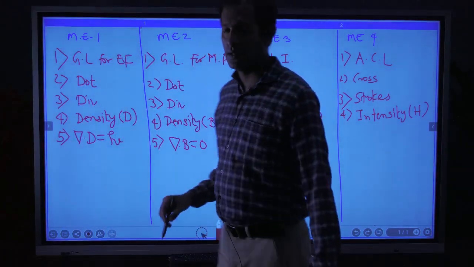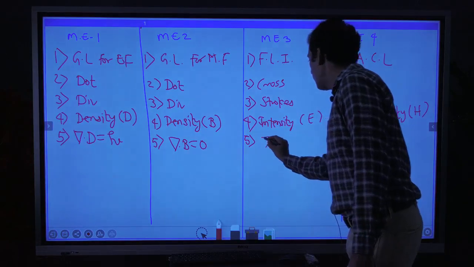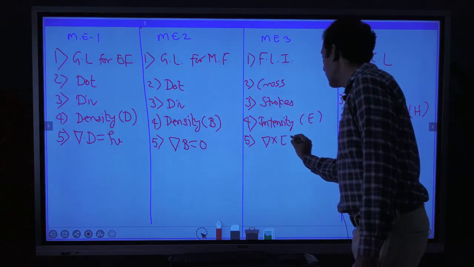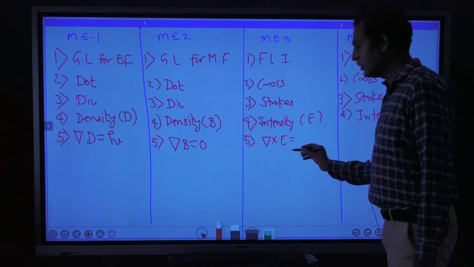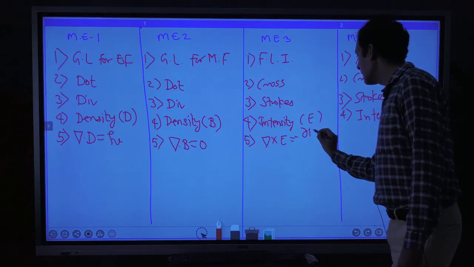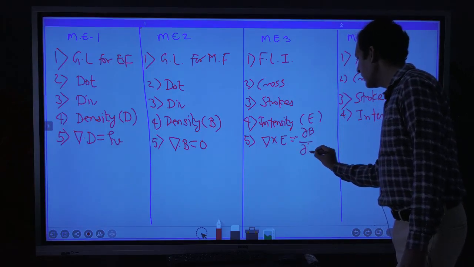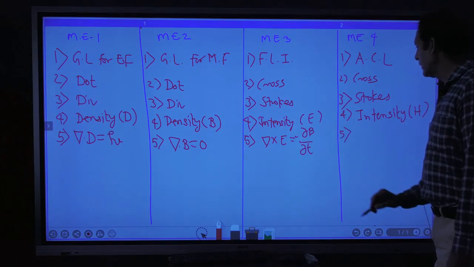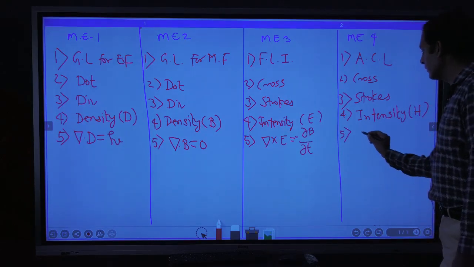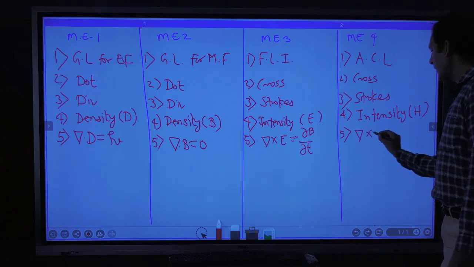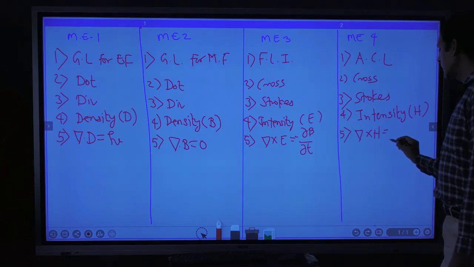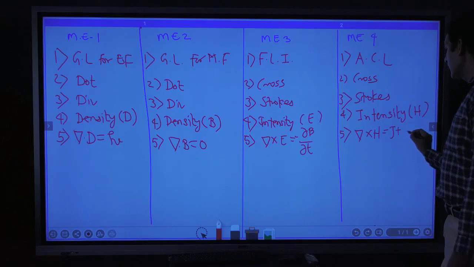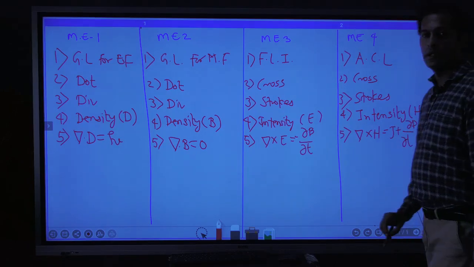This gives the curl of the electric field intensity, del cross E, equal to the changing magnetic flux density, minus dou B by dou T. And what is the last equation? Maxwell's equation for the curl of magnetic field intensity is equal to J plus dou D by dou T.